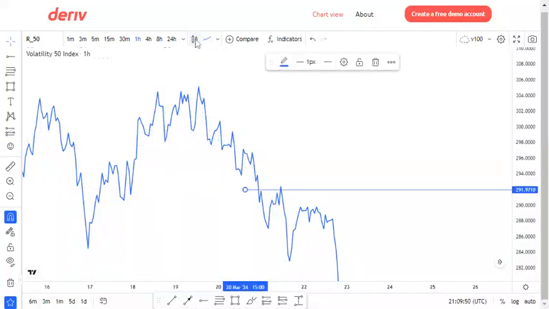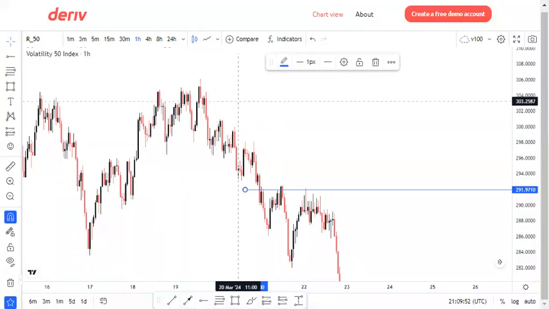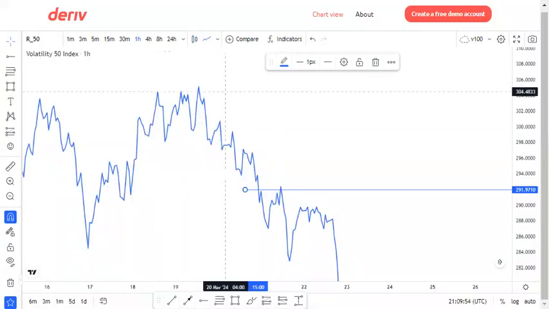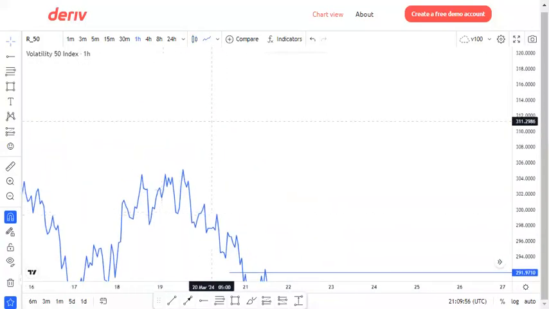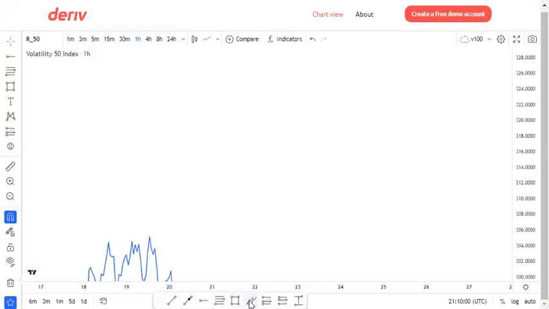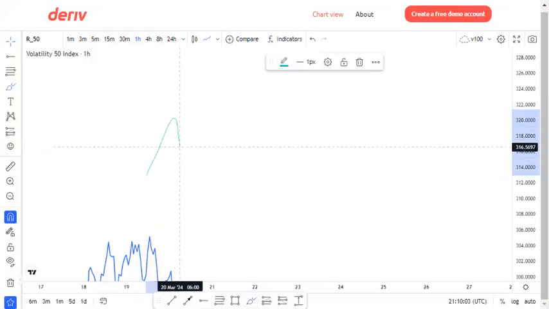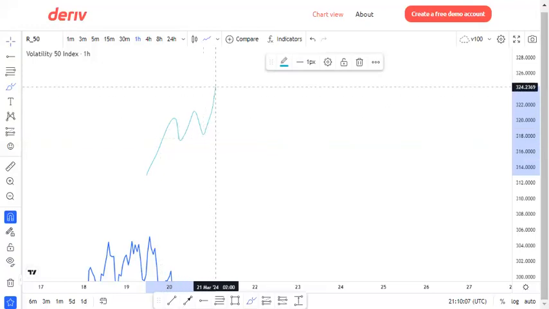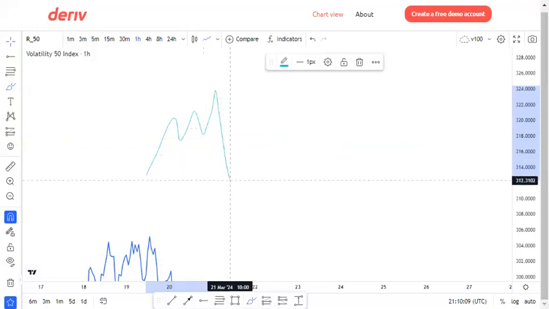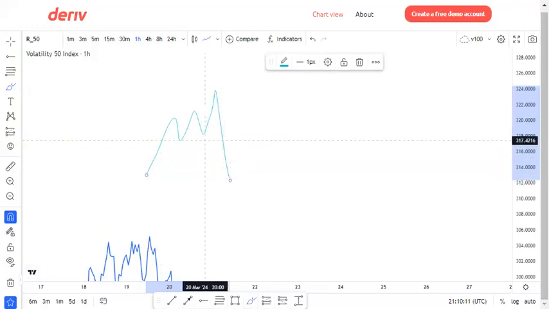So let me give some explanation. When the market forms something like this, it's making a high, a low, a high, a low, a high, then the market makes a new low which has broken the old low.